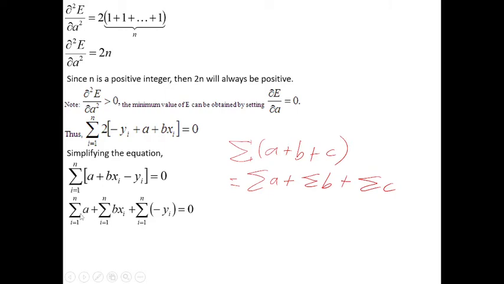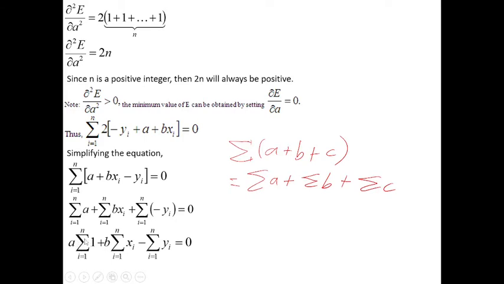Itong summation a from i equals 1 to n, pwede nating isulat na ganyan kasi constant siya, so pwede nating isulat sa left. Magiging A summation 1 na lang nun. A times 1 is A, right?